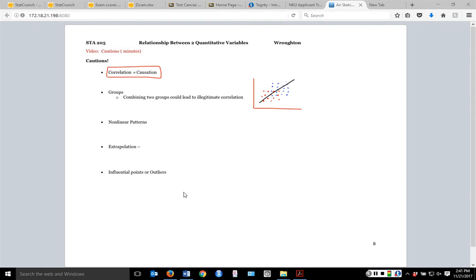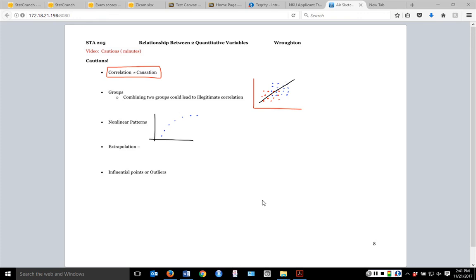The third caution is the idea of nonlinear patterns. Always look at a scatter plot first. Suppose I forget to look at my graph and my data looks something like that. If I look at my plot, that's pretty obviously curved, because I can see the angle that it's turning. But StatCrunch or any software doesn't know better.